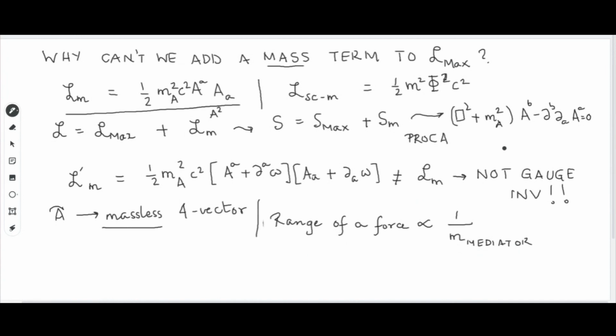Then the question is, are we saying that the Proca field, which corresponds to this, is a great approximation to describe the strong and the weak mediator fields? Do the fields which mediate the strong and weak forces behave like a Proca field?